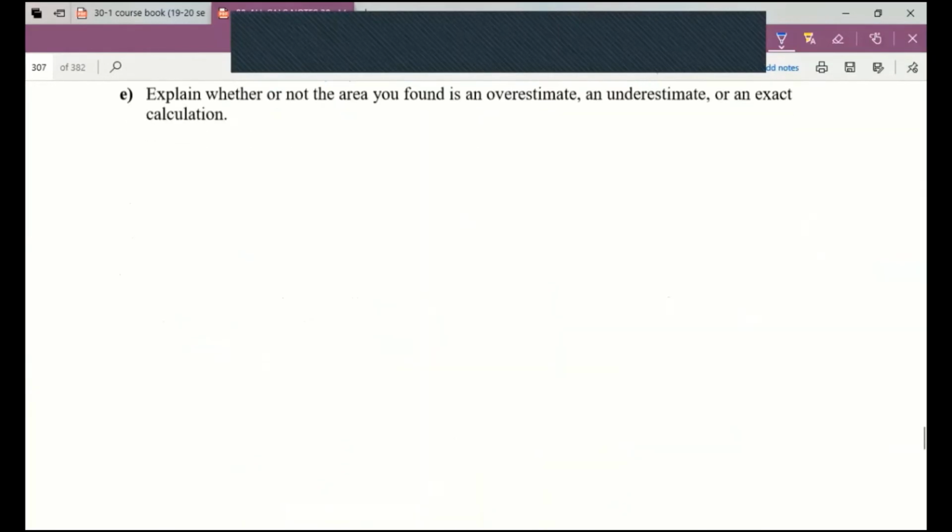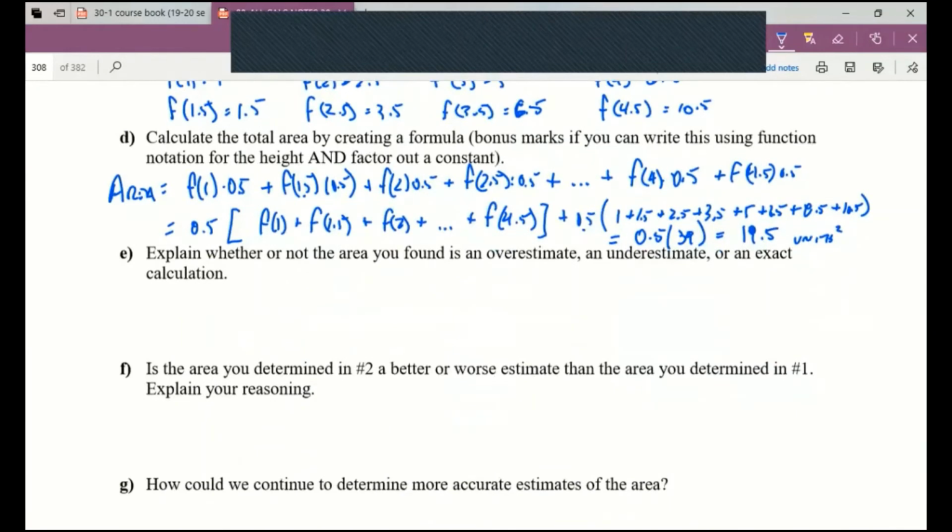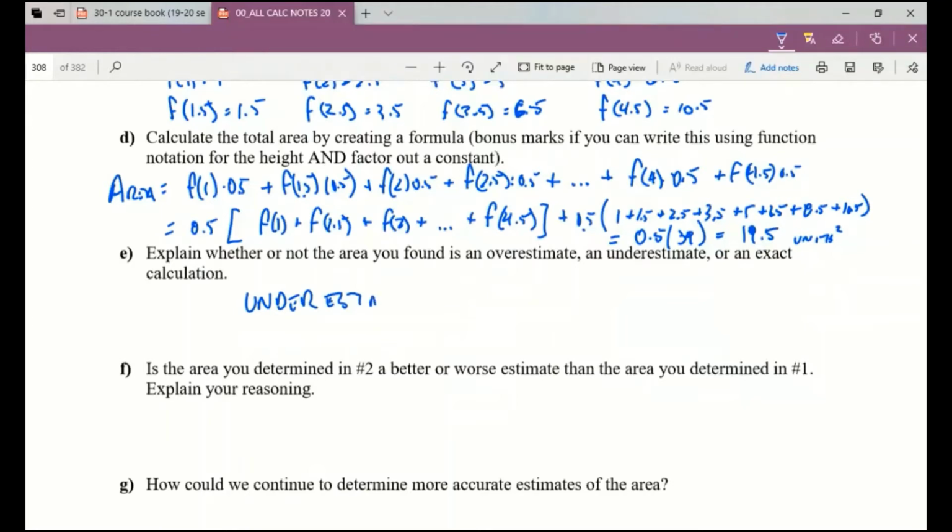And we end up with 19.5 square units. He's asking us to explain how this works, so maybe a little bit more detail in here. Underestimate, as we are left with areas unaccounted for.